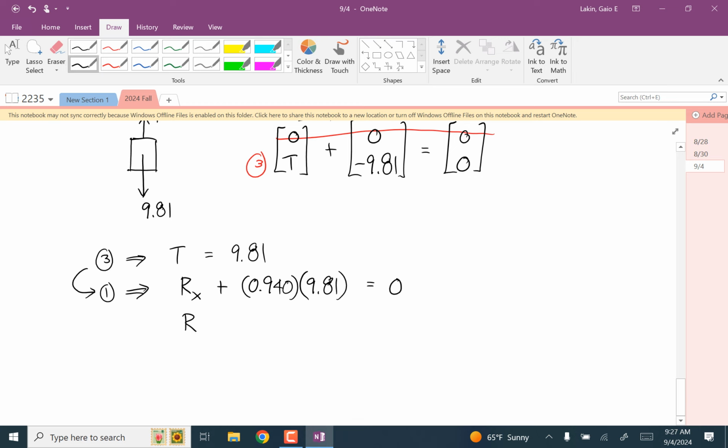So Rx, I guess I gotta calculate that. Rx is equal to negative 9.22.